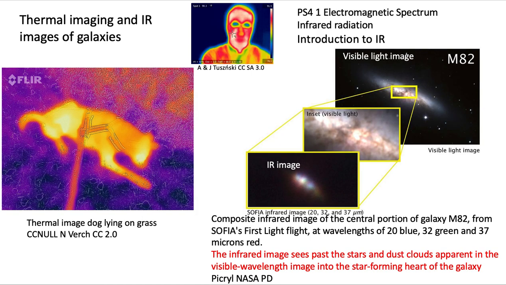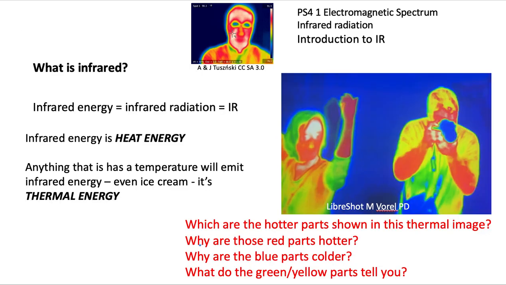And here you've got a dog, and then you've got an IR image taken actually from an airplane, SOFIA, to get above most of the Earth's atmosphere to get an IR image. And you see past the dust cloud and to the star-forming heart of the galaxy.